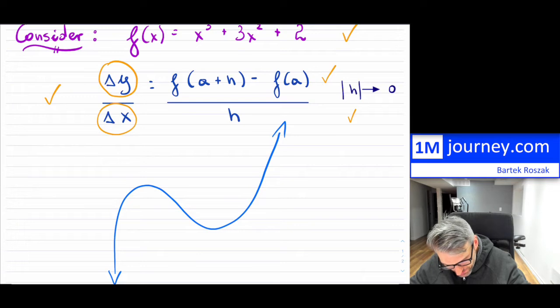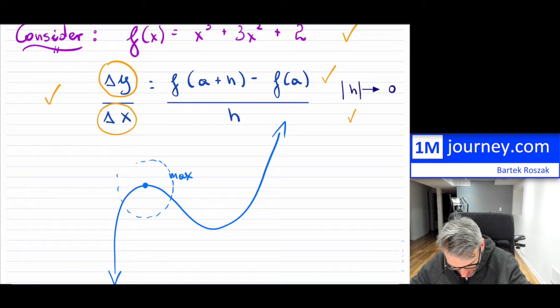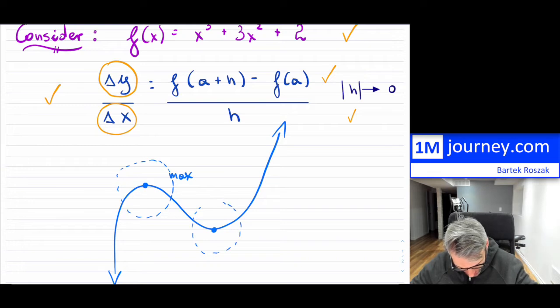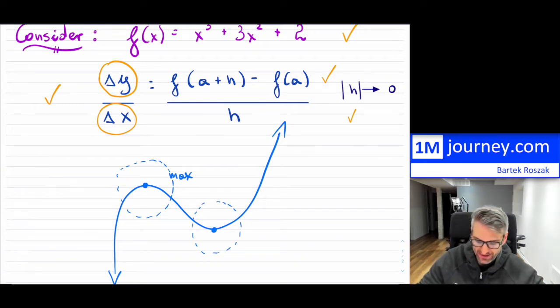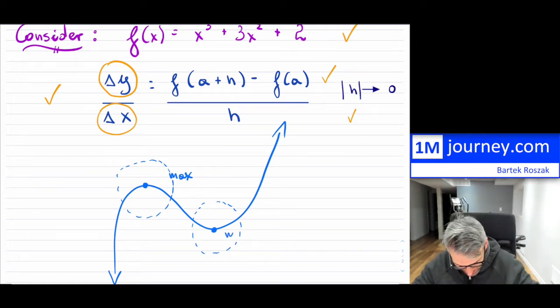But you see here that you have a local maximum at this point. So that's the max. Locally, around that area, it is the maximum point. And then this point right here, locally, again around some area, for a particular domain, this would be the minimum.